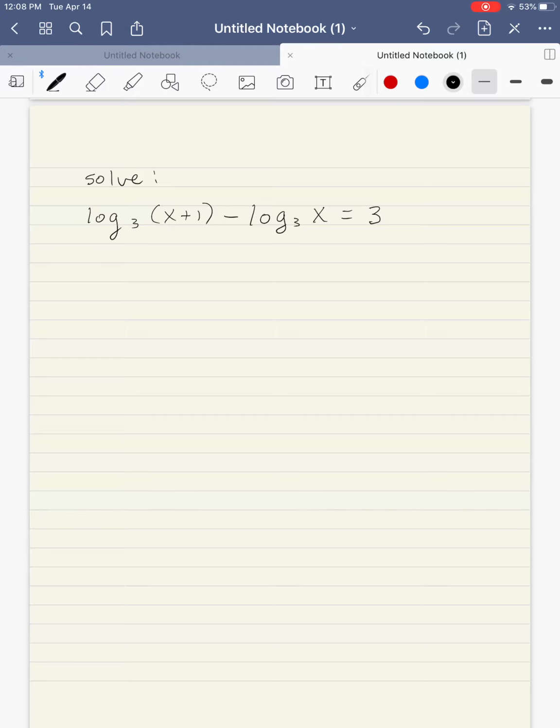Our second step is to rewrite the logarithm as a single logarithm, and then rewrite as an exponential equation. Go ahead and do the first two steps. Pause the video, do the first two steps, getting all the logarithms together and rewriting as a single logarithm. And then we'll look at the next step together.